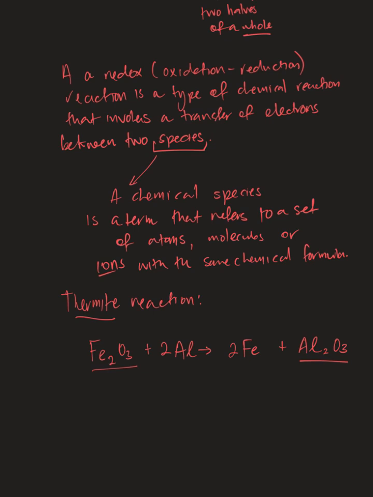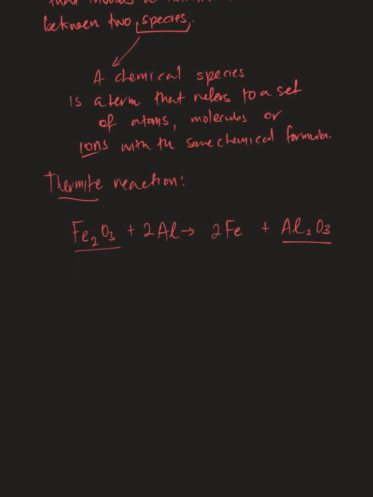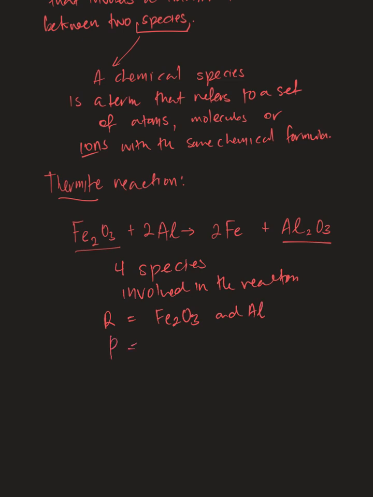And in this type of reaction, I have 4 species involved in the reaction, with my reactants being Fe2O3 and aluminium, and my products being Fe and aluminium oxide.